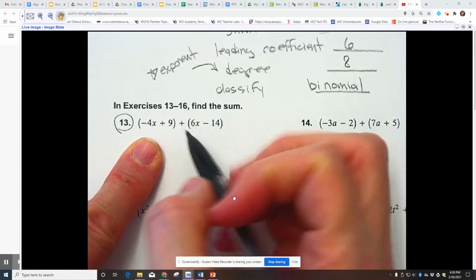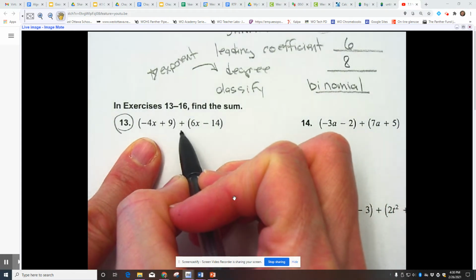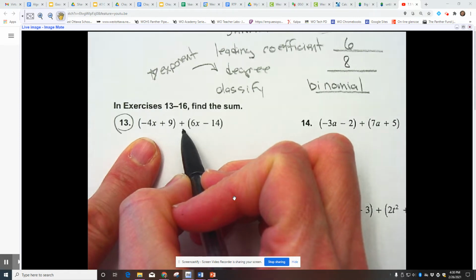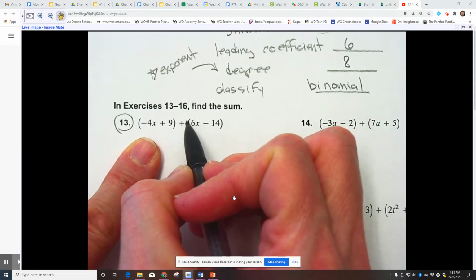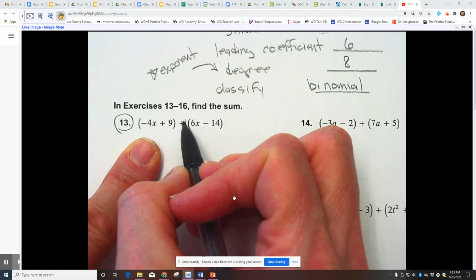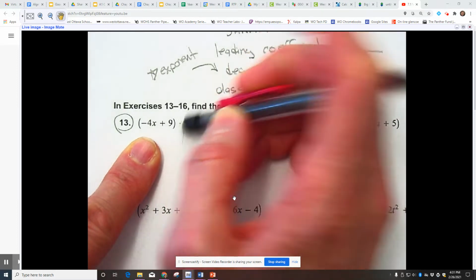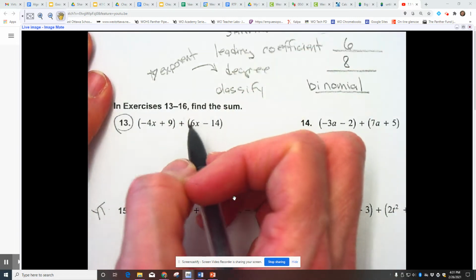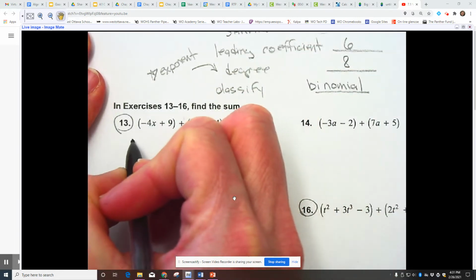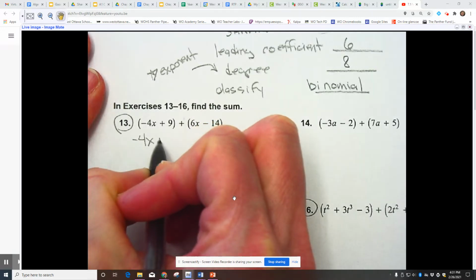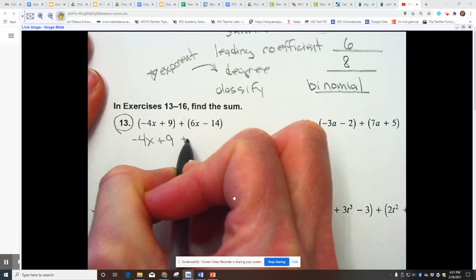So the first thing you want to check is when you have addition, you don't have to do any distributing. Really, what you're distributing is a positive 1, but when you multiply by a 1, that doesn't change anything. So for these, the first step I want you to do is just rewrite them without the parentheses.